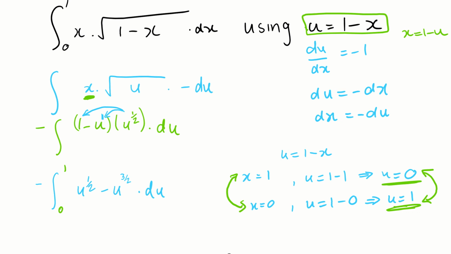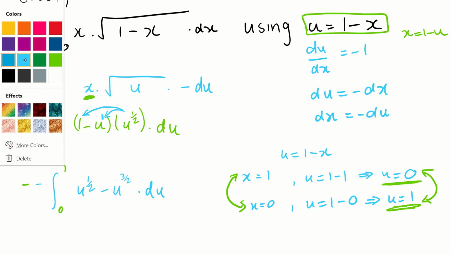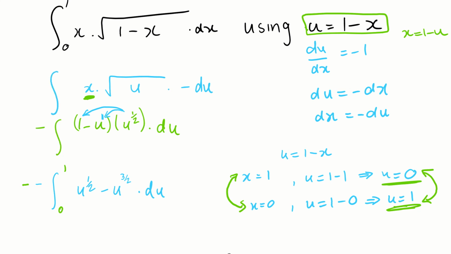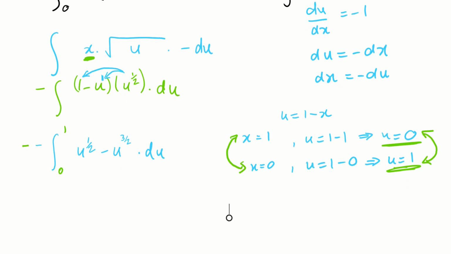The rule is, when you flip the bounds, stick a negative out the front of your integral. Every single time. If you ever have to flip the bounds, you just stick a negative out the front of your integral. Now, coincidentally, and this doesn't happen all the time, for this one I have a double negative, so my double negative will become a positive.